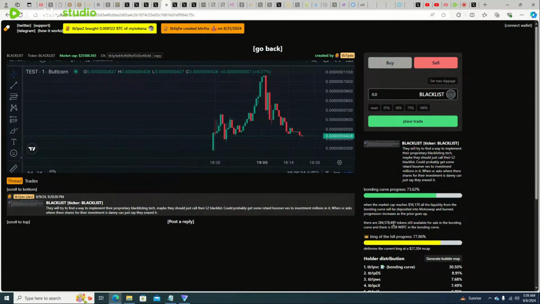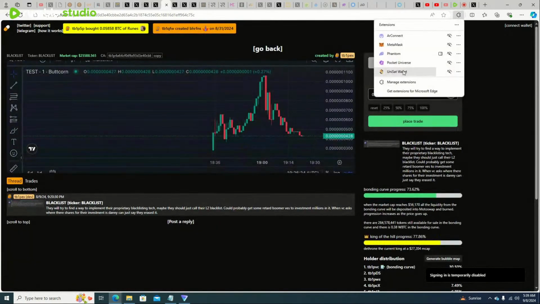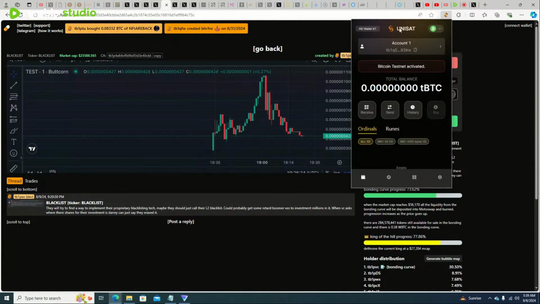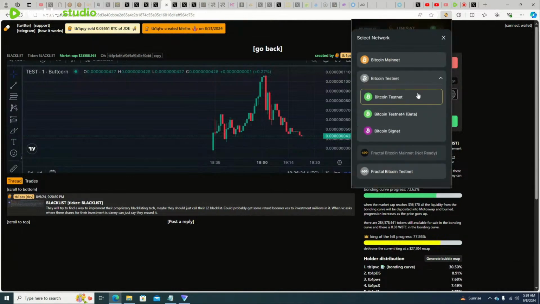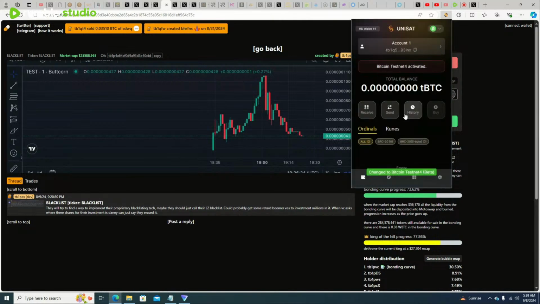Okay, so it's not testable as we speak, I believe, or maybe a bug, not allowing wallet connection. Just a moment. So Bitcoin testnet. I'll just experiment and switch here.